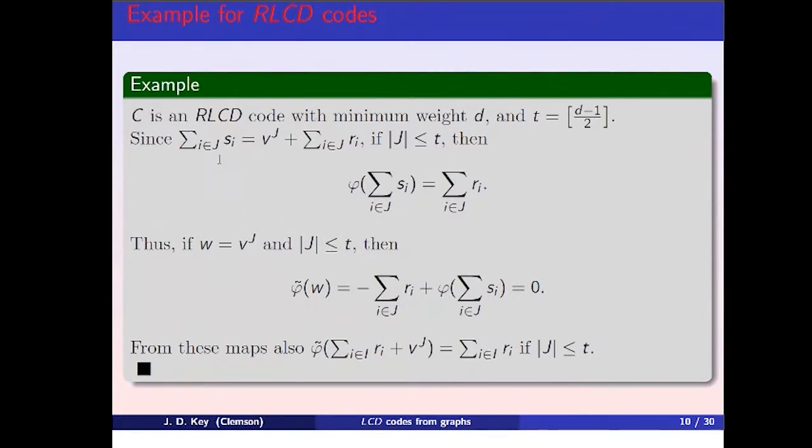If you look at any sum of rows, they are V to J. If it's over a set J, then it's equal to V to the J plus the sum of rows from A. And if J is at most T, which is the error correcting possibility of the code, then you can define your map phi easily just to be the sum of the Ri's over J. So, for example, if W is Vj comes in, which has got weight less than or equal to T, then you must decode it, according to this tilde thing, as the sum of the R's plus phi of those, which is 0, and that is correct because 0 is the closest word to that in the code.